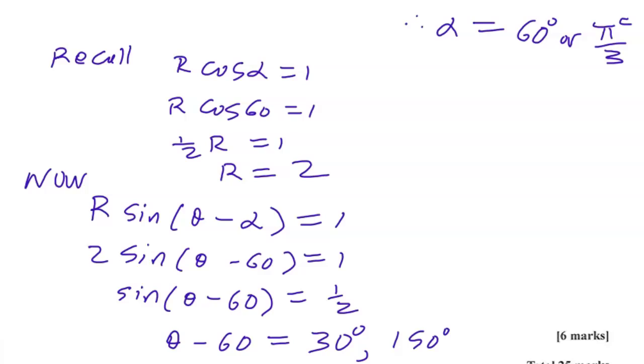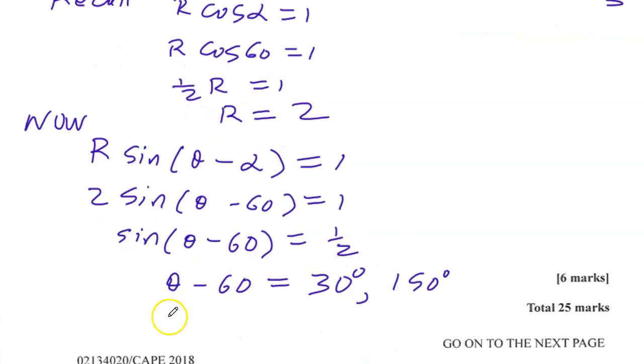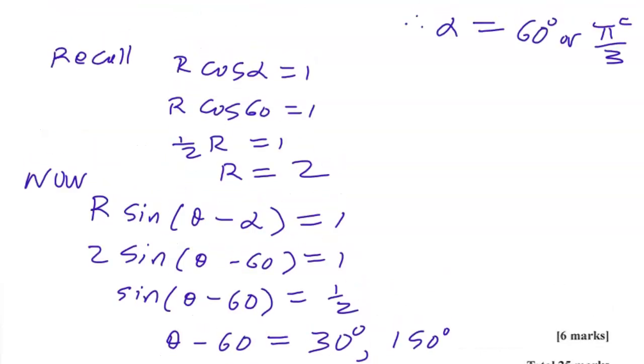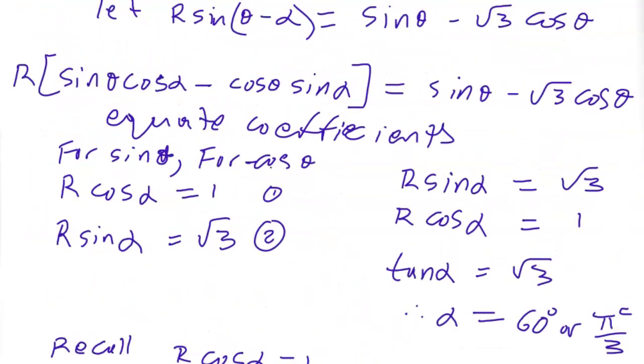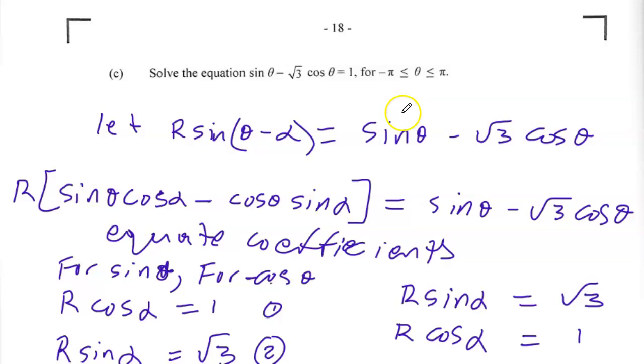Which means that theta, if you add 60 to both sides, would be 60 and 30, that's 90 degrees, or 60 and 150, that's 210 degrees. But remember, I think we're given a range for theta. I think we're told that theta is between negative 180 and 180 degrees.